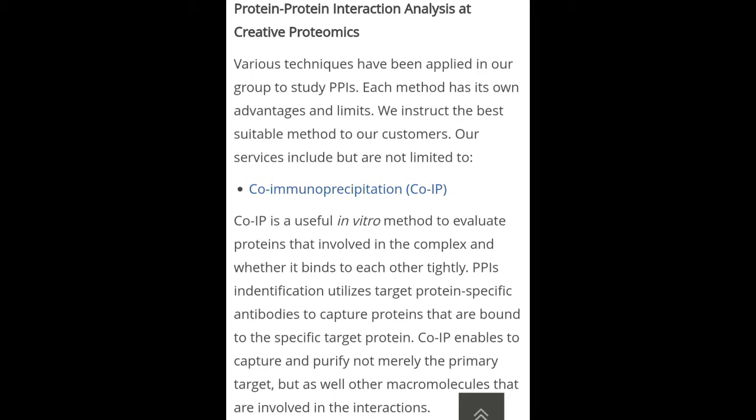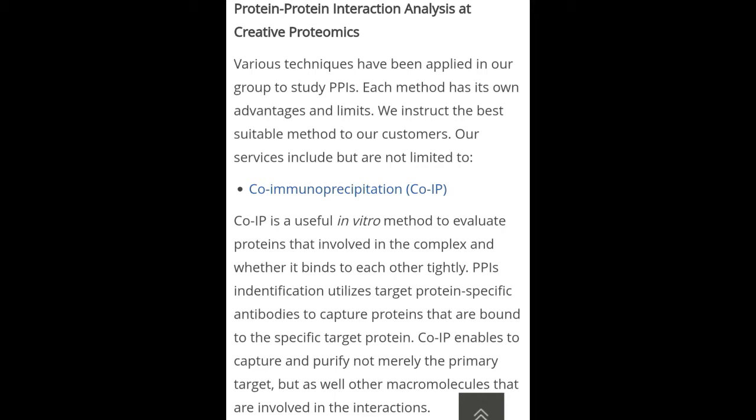First one is the co-immunoprecipitation method, that is co-IP. It is a useful in vitro method to evaluate proteins involved in a complex and whether they bind to each other tightly. That is, both the proteins are binding with each other tightly during their interaction.